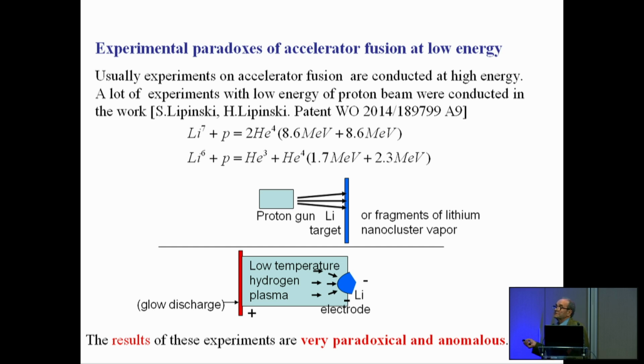Also, in these experiments we investigated the dependence of the efficiency of such fusion first on the particle energy, because the most interesting area is several hundred electron volts, not keV, and also the spectrum of the generated particles.